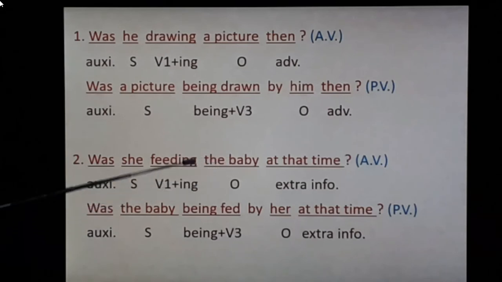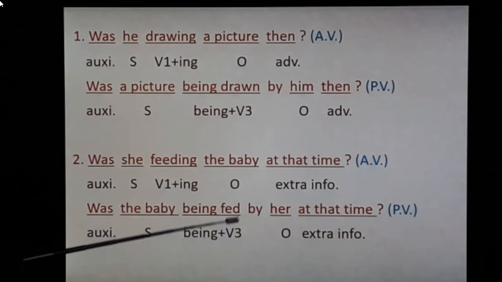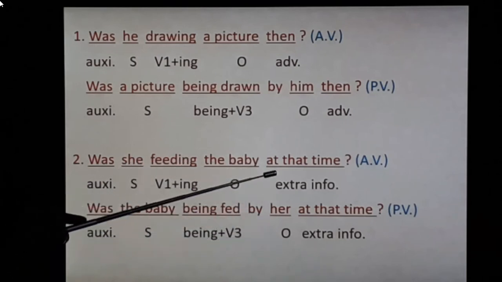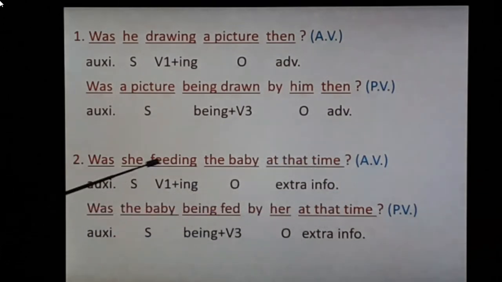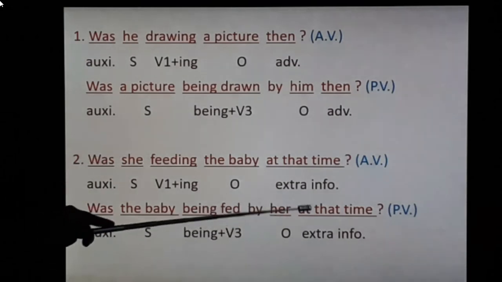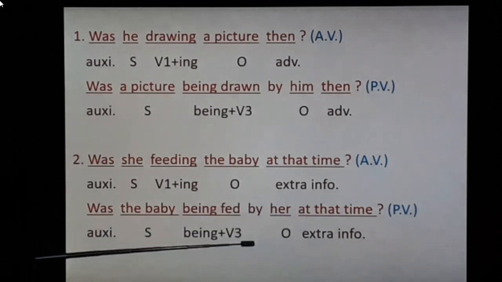According to the baby, you have to put the appropriate auxiliary verb in the beginning. Was the baby then being fed? Being, after that feed, that is the V1 form. So what is the V3 of feed? Fed. Being fed by, she becomes her, and then add at that time, put a question mark. So was the baby being fed by her at that time? This is the passive construction.